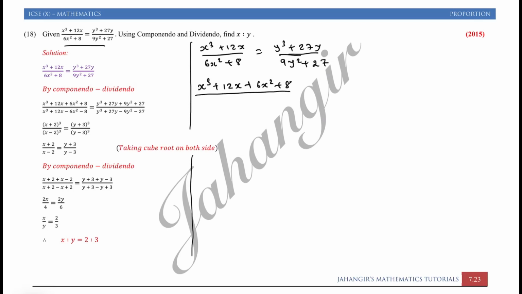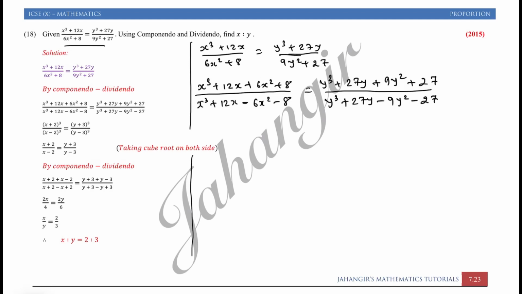So this is componendo. So in the numerator we have taken plus, in the denominator we will take plus: x cube plus 12x plus 6x square plus 8, upon x cube plus 12x minus 6x square minus 8. That is equal to y cube plus 27y plus 9y square plus 27, whole upon y cube plus 27y minus 9y square minus 27. So if you will see here, let me just write and show you.